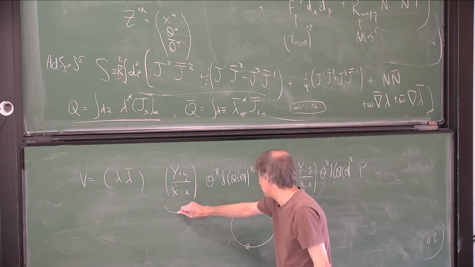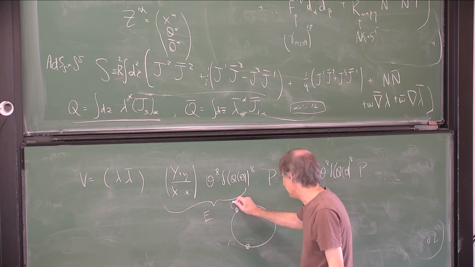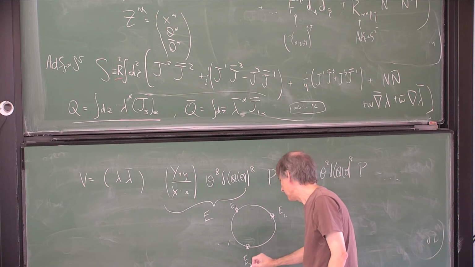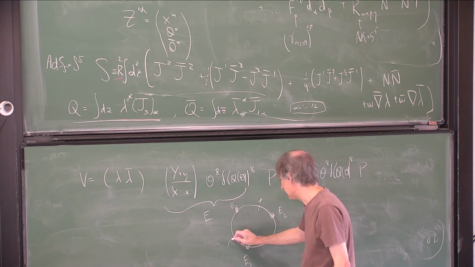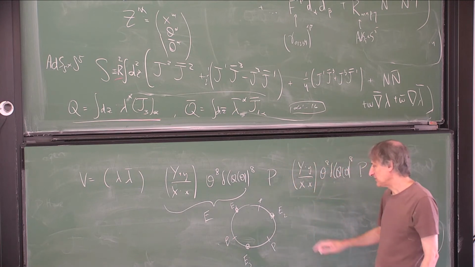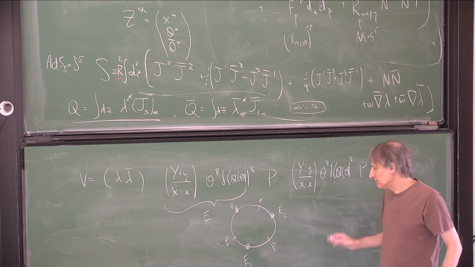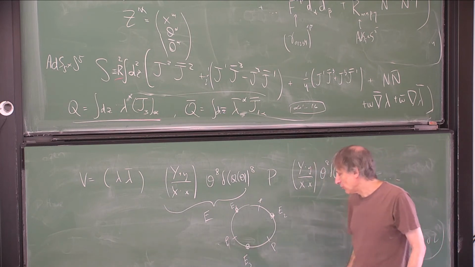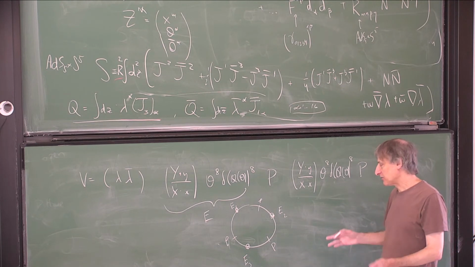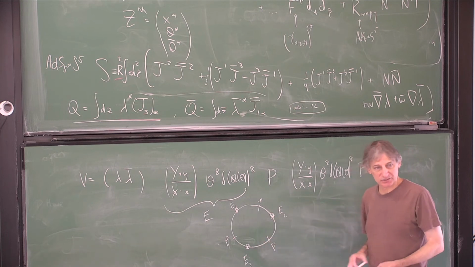I call this object E. So you're going to get E1, E2, E3, and here we're going to have these picture changing operators. So if all of the E's are the same, it's half BPS, and I think there's no question that this gives the right vertex operator. The conjecture is that for non-BPS at small radius, or at 0 radius, this is the vertex operator.